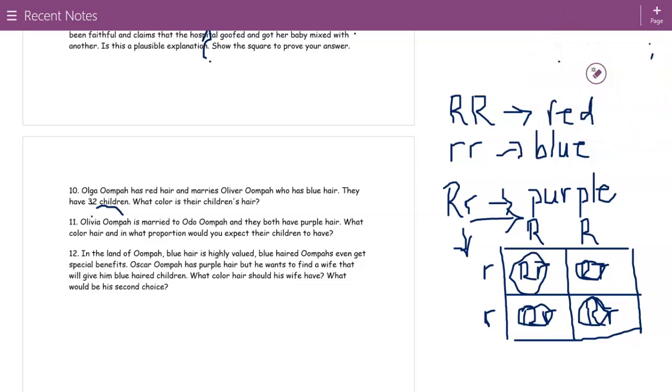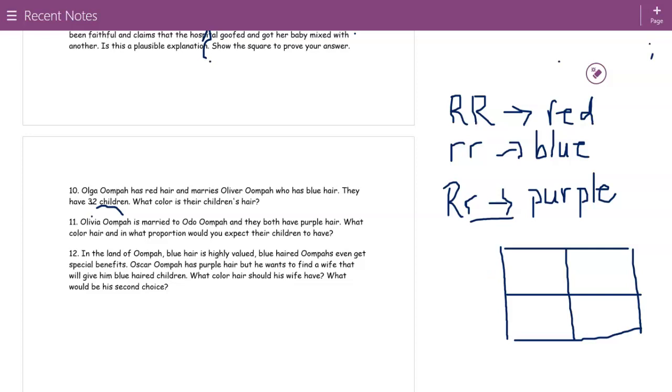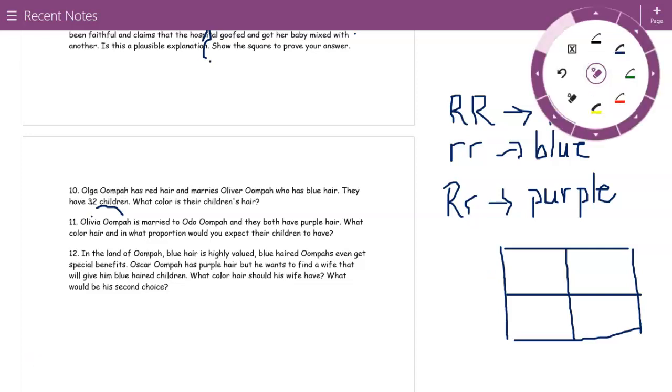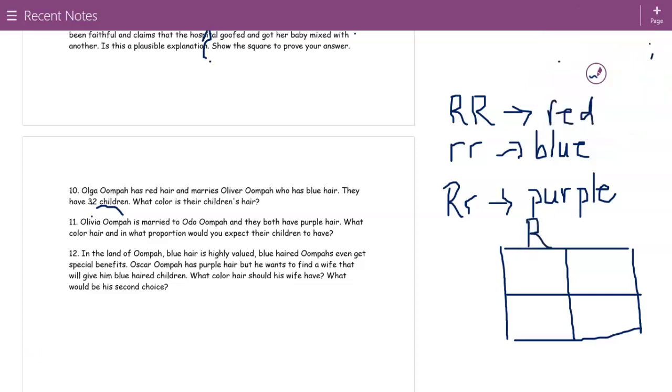Eraser. Let's see, who do we have next? Who's making babies? Okay, Olivia is married to Otto, and they both have purple hair. Easy peasy.